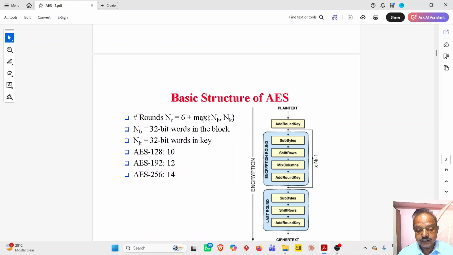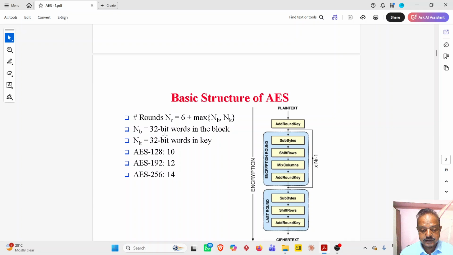NB is the number of bits we are using in the block data, and NK is the number of bits we are using in the key. Suppose it is 32 bit, 32 bit. 32 bit means 4 bytes. So 6 plus 4, NR will be 10 here for the AES, right?